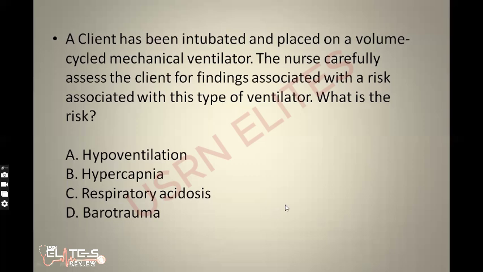Esther, you can unmute and talk to us. Hello. Yes, we can hear you. Okay, so an LPN cannot suction a patient on a ventilator, but rather I think that she can assist, because before you suction somebody on a ventilator, you need to give 100% oxygen before you start ventilating.